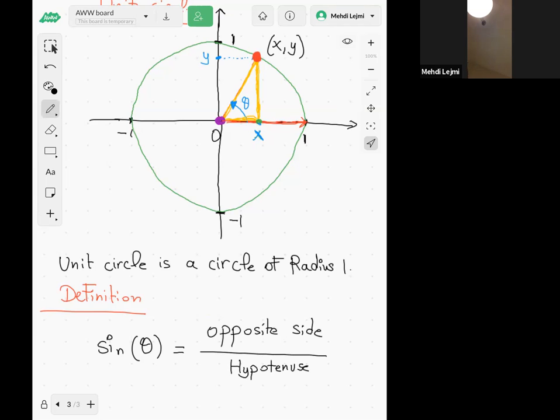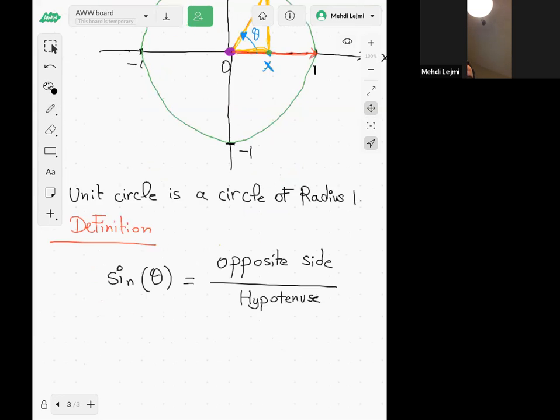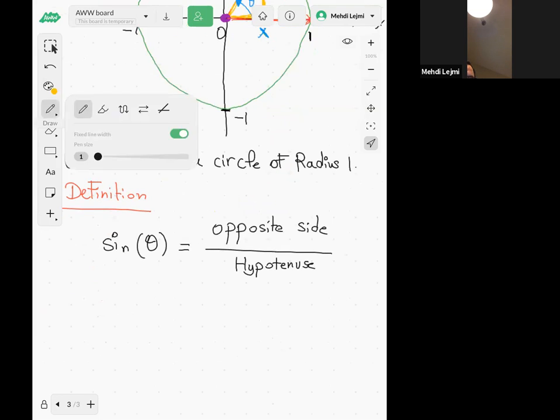What do I mean by the opposite side? Again, we have this yellow right triangle. Here I have my angle theta, and here is my right angle. What's the hypotenuse of this right triangle?